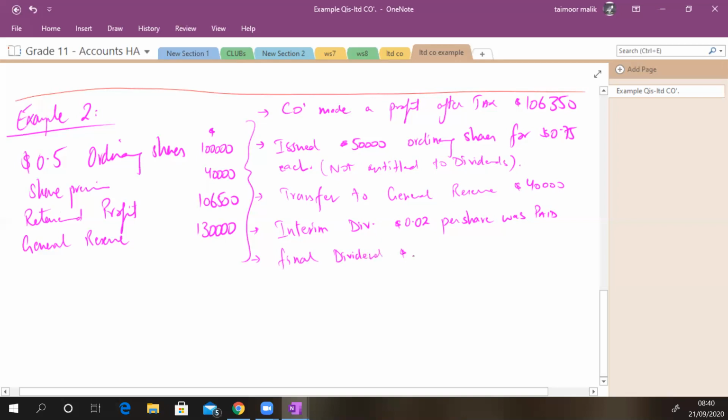Final dividend of 0.05 per share is paid.